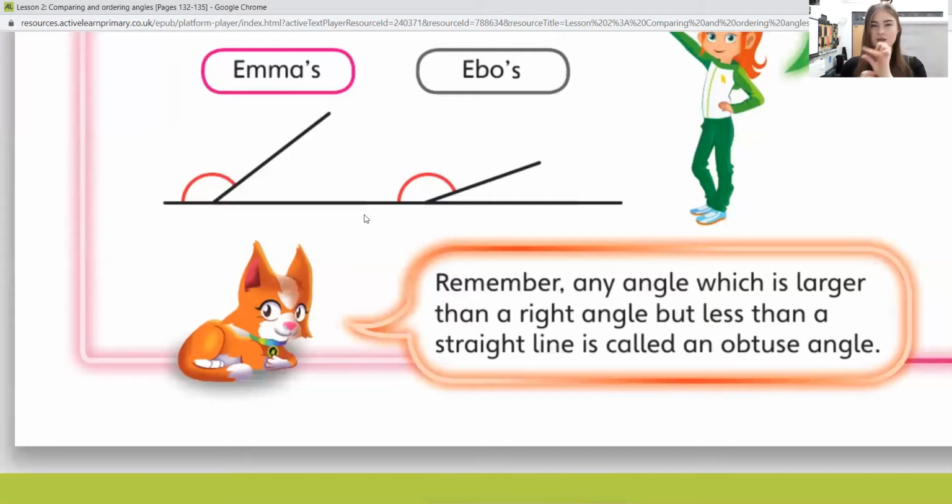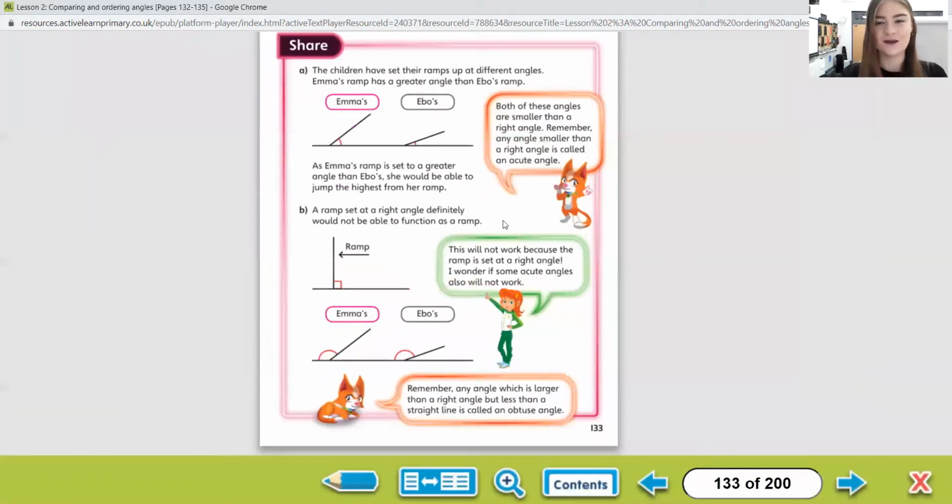So both had an acute and an obtuse angle to make that flat line, that half turn.